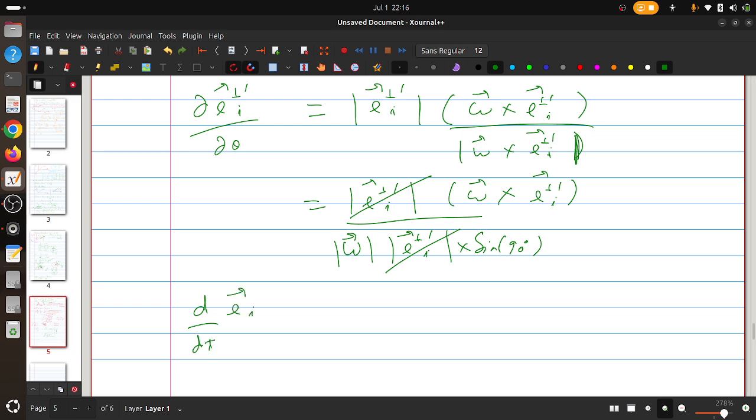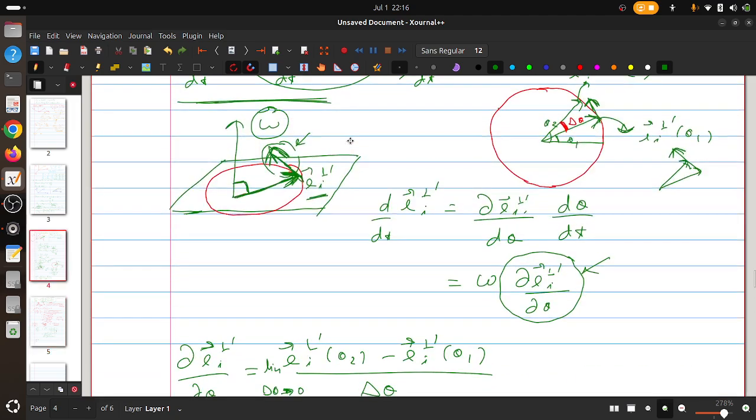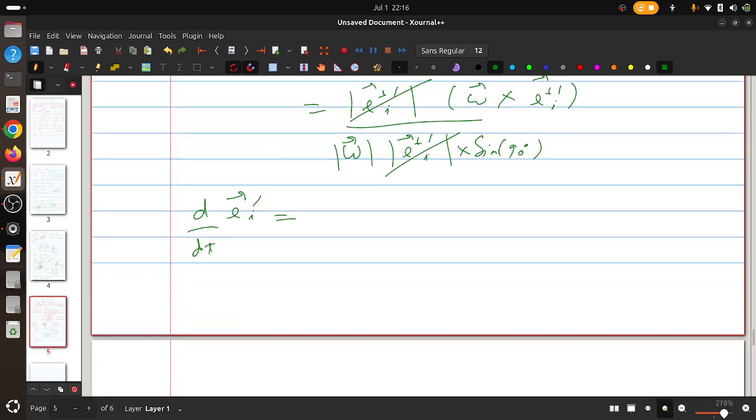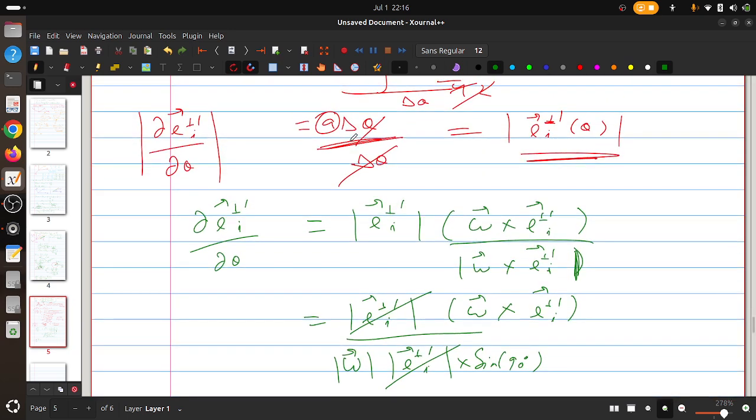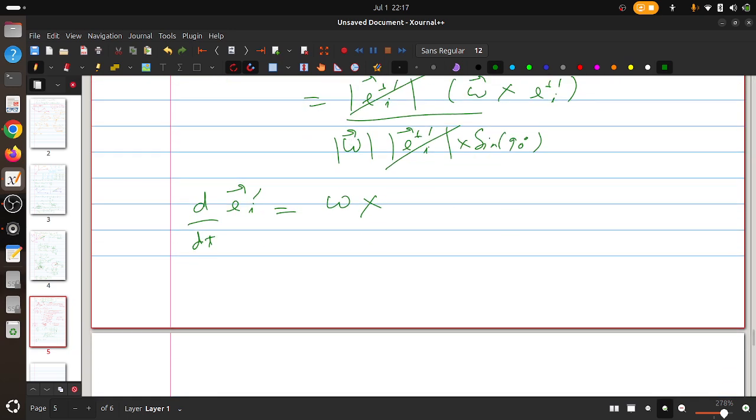So we can write d by dt of e prime is equal to, so we just go back here. This is just omega times this quantity. We have figured out this quantity in the bracket. It will be simply omega into this quantity which we have right now derived. So it will be omega cross E perpendicular prime I divided by omega again.